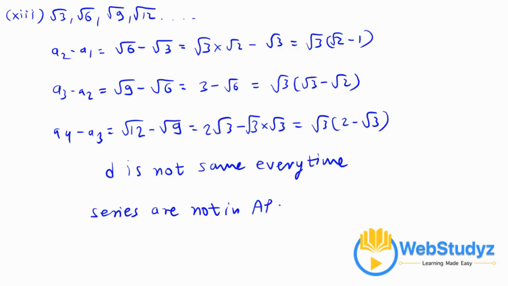Move on to the 14th series, which is 1 square, 3 square, 5 square, 7 square and so on. Or we can write this as 1, 9, 25, 49 and so on.